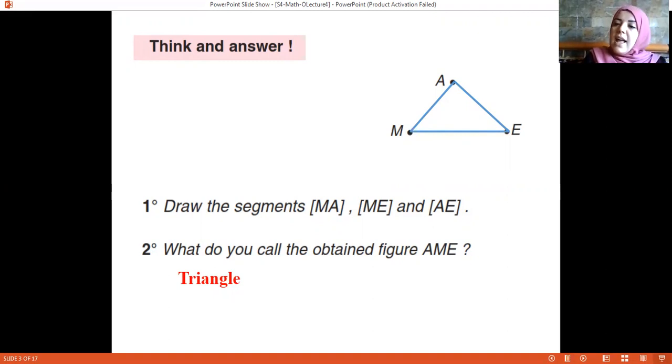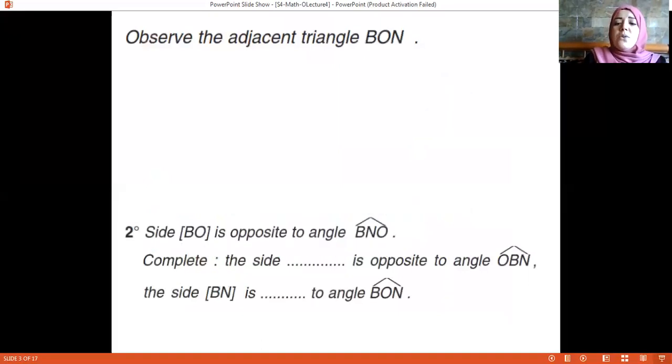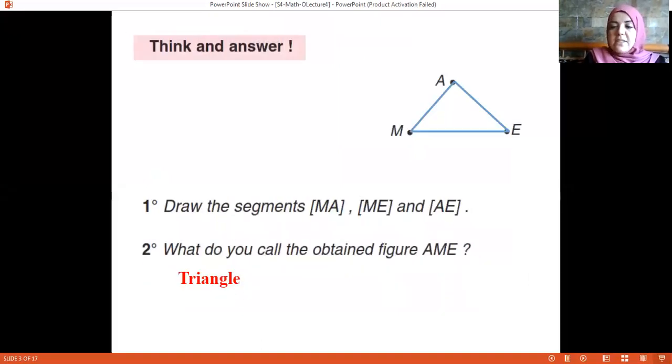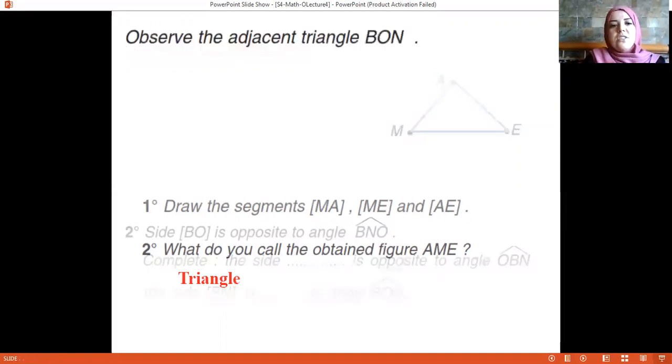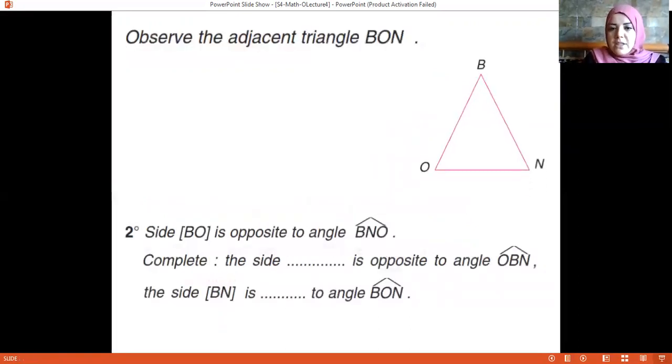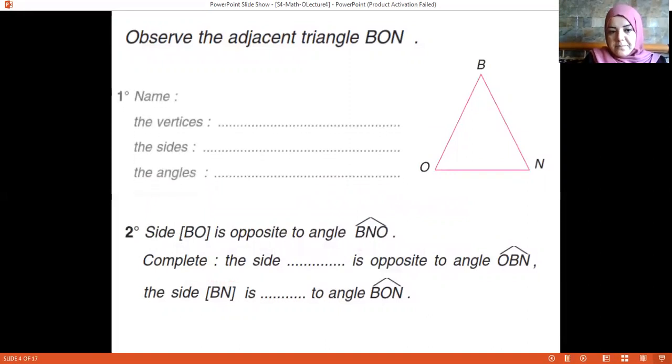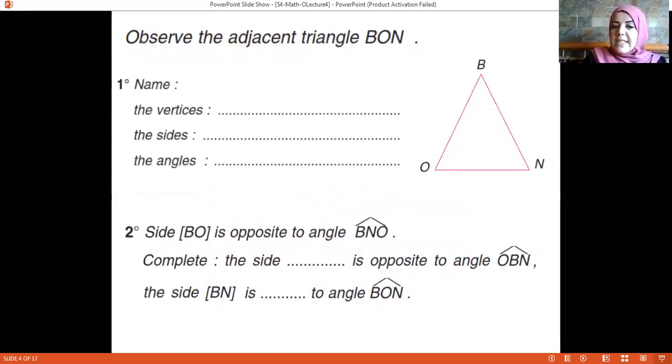A triangle is formed when I join the segments of three non-collinear points. In other words, we can say that a triangle is formed of three segments. Let us continue now. If you look at the triangle BON, let us name the vertices, the sides, and the angles.